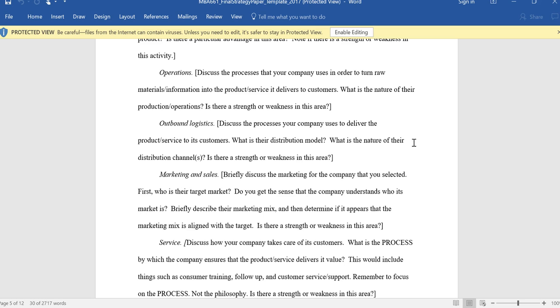Think about Amazon. They're great at logistics. Amazon can get you something today if you need to because of the distribution channels that they have and the centers that they have all over the world. Not every company can do that, but is there a specific advantage here? You have to think about that.